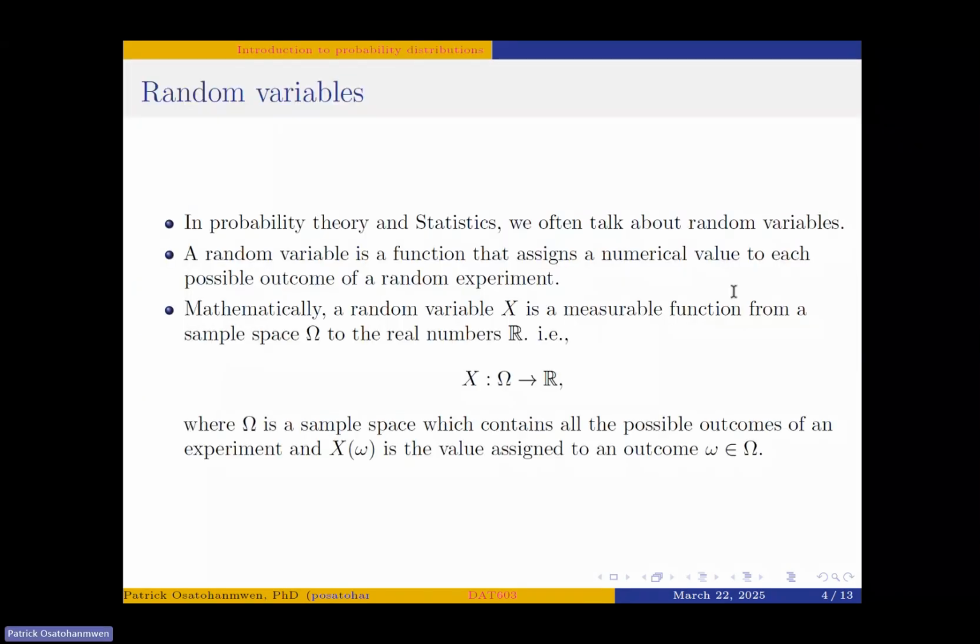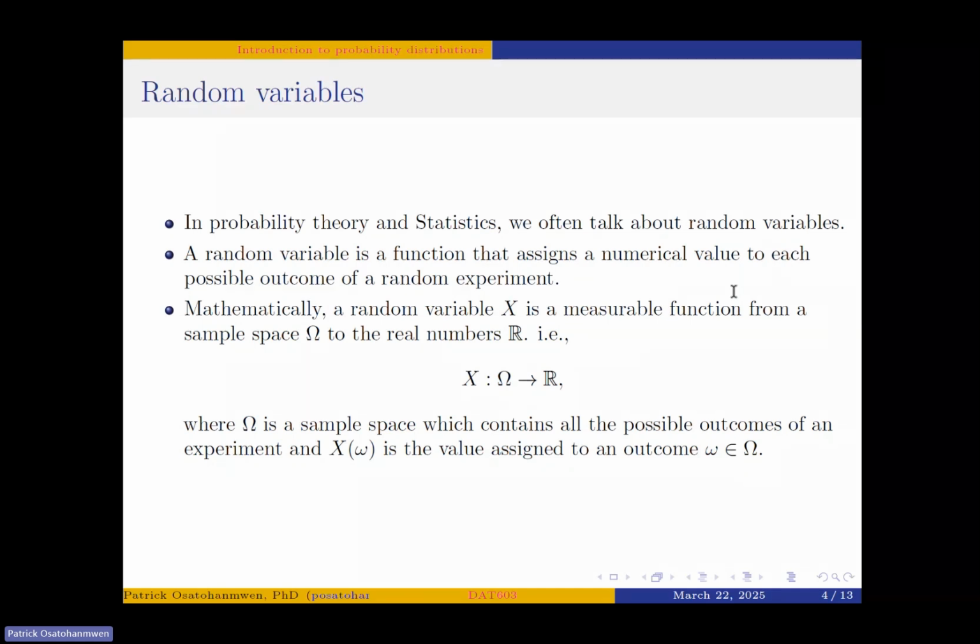In probability theory and statistics in general, we've often talked about random variables. I think in the previous classes we've talked about random variables. And we actually saw that random variables are functions that assign a numeric value to each possible outcome of a random experiment.